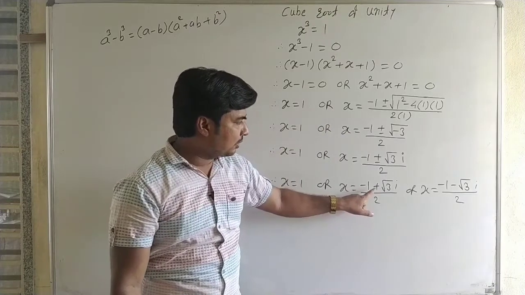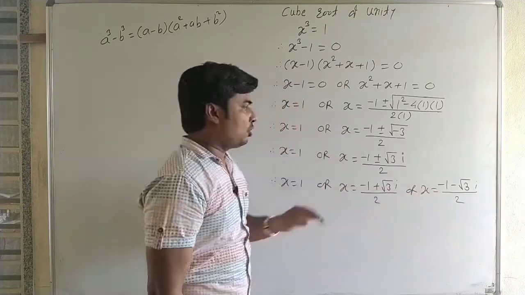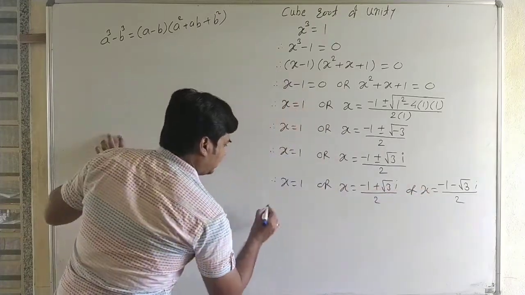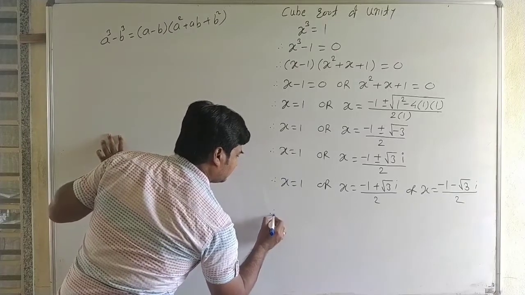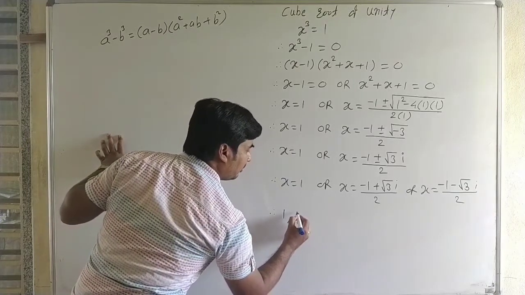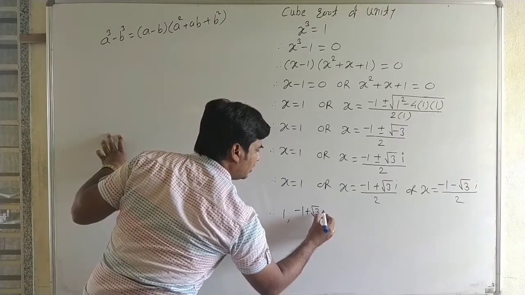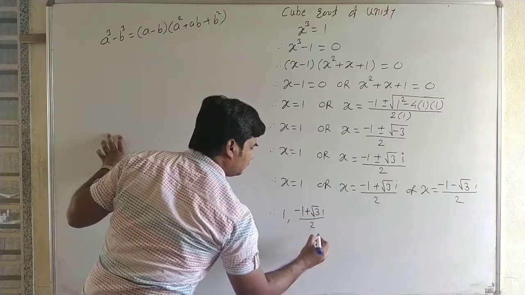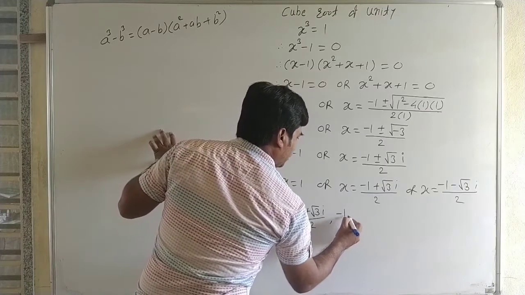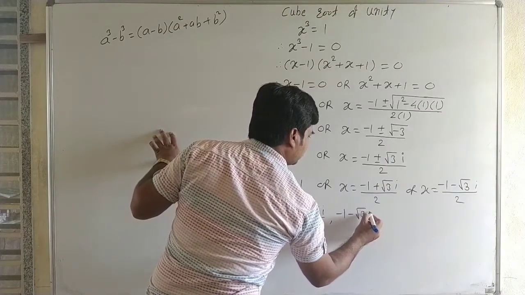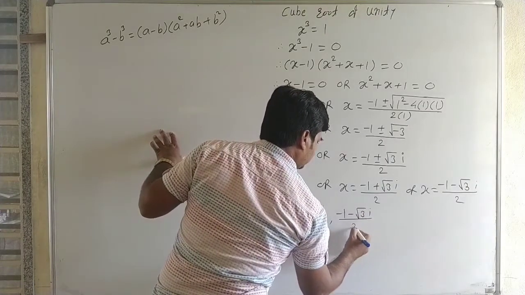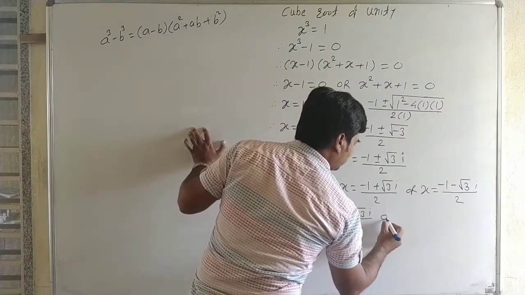Therefore these two numbers are complex conjugates of each other. So the roots are 1, minus 1 plus under root 3i upon 2, and minus 1 minus under root 3i upon 2.